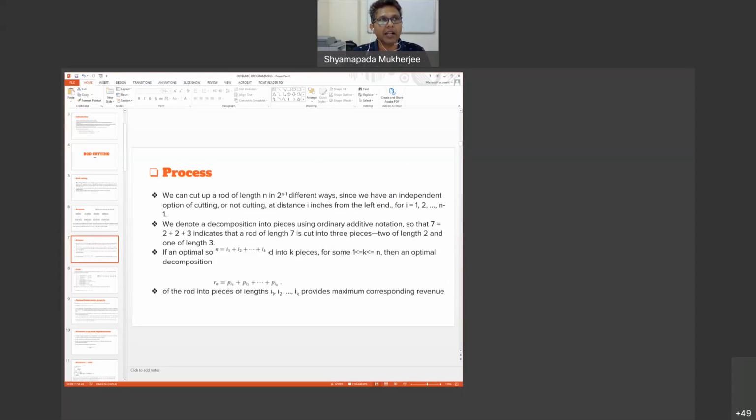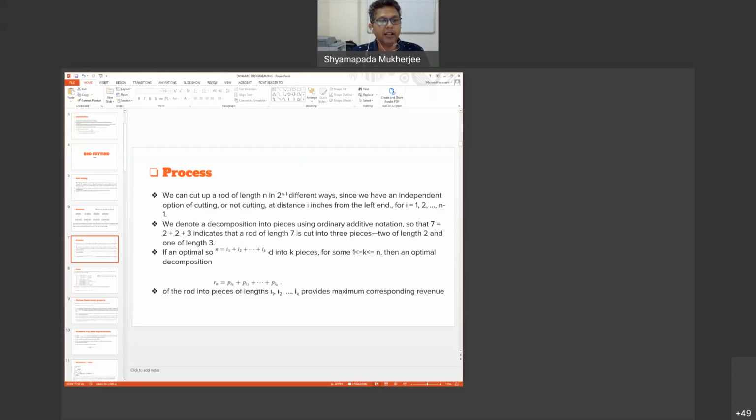And each length after cutting, we can write as a summation of the lengths of all the pieces. Like here, 7 can be written as 2 plus 2 plus 3. That means the length of the rod is 7 and it is cut into 3 pieces: the first piece is 2, then 2 and 3. Okay, so in this way you can denote it.